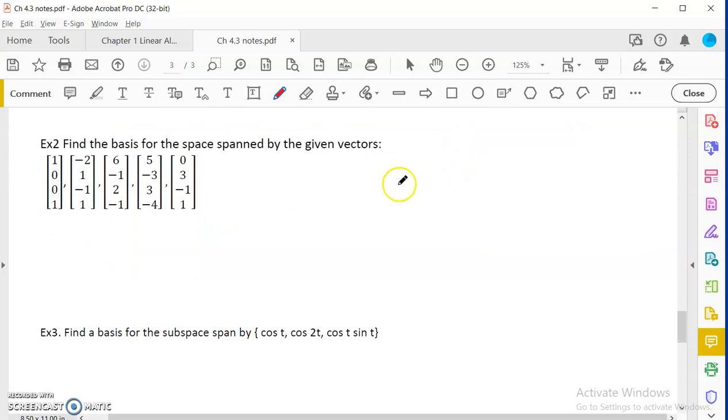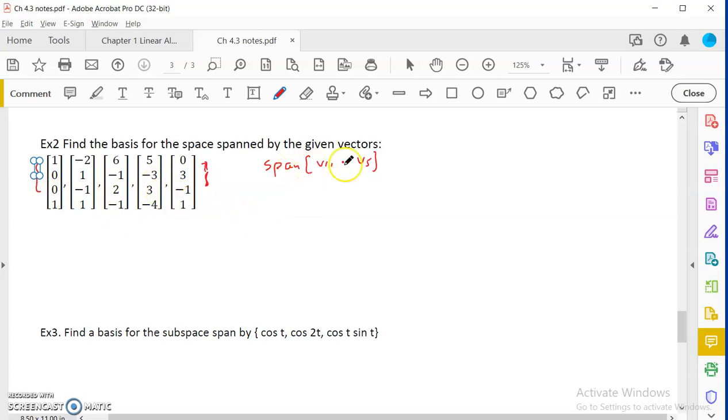Let's do the one with 1, 2, 3, 4, 5. I have 5 vectors, right? I want to find the basis that's spanned by this. So if I take the span of these 5 vectors, V1 to V5, what is the smallest set of these vectors that can equal the span?